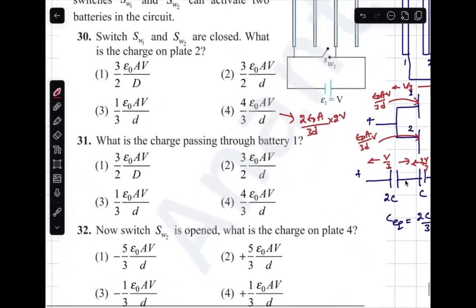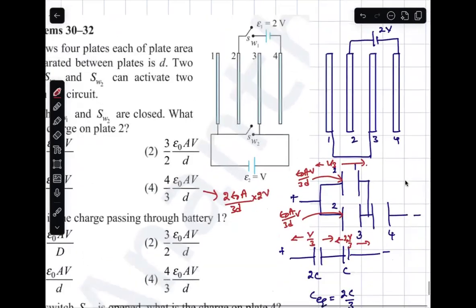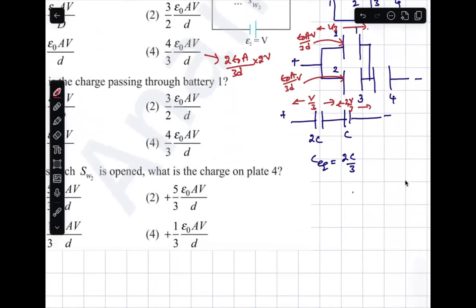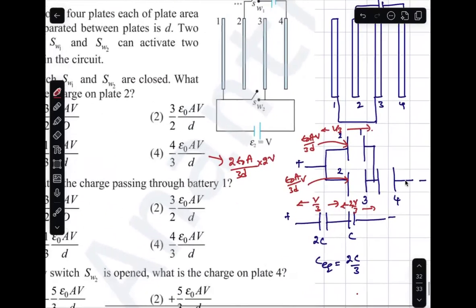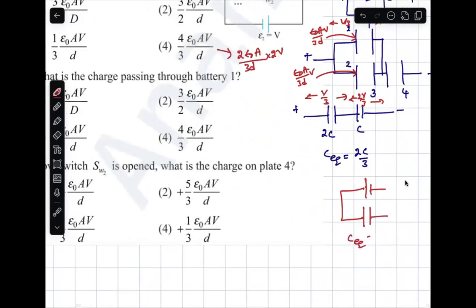Next. What is the charge passing through battery 1? That is okay. What is the equivalent capacity? Just now I have identified, from battery 1, C equivalent is 2C by 3. So what charge will flow through?